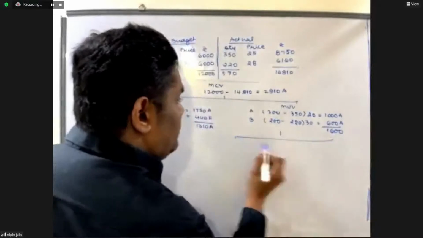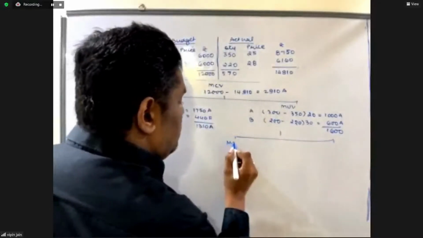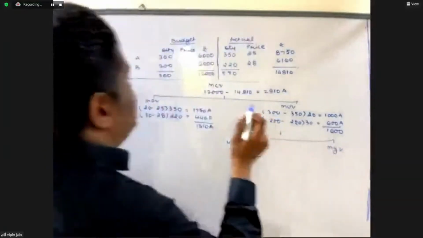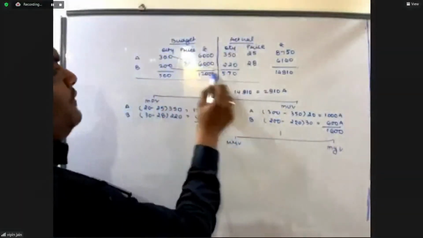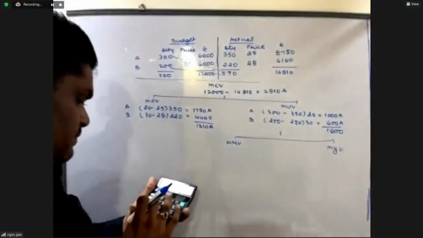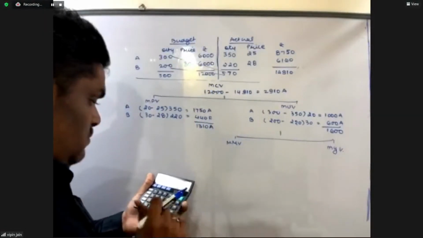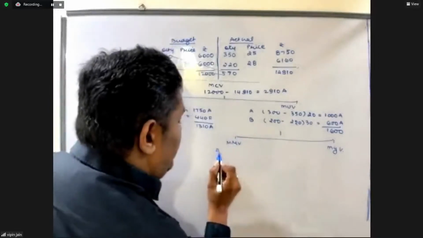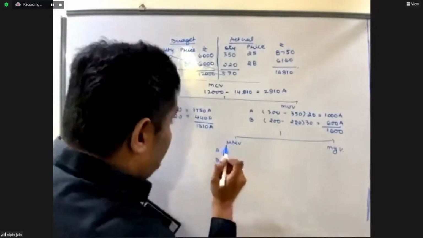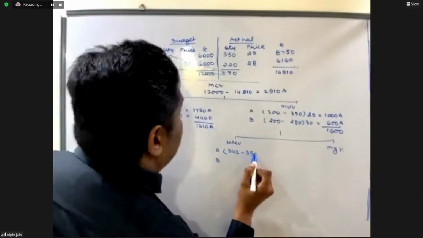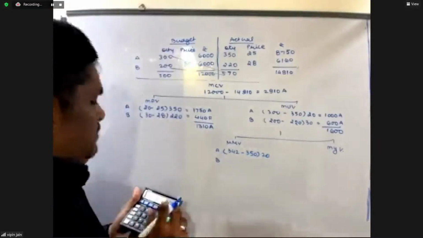Further, when talking about mix and yield, again, this 570 should be in the ratio of 3:2. So for A and B, this should be 342 minus 350 into 20.